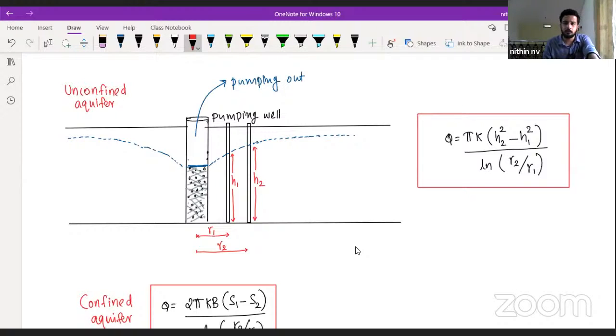Simply remember: higher value minus lower value, divided by the natural logarithm of the higher horizontal distance divided by the lower horizontal distance. The horizontal distance is from the center of the well. Now that is for unconfined.